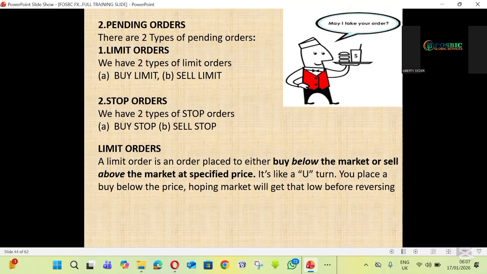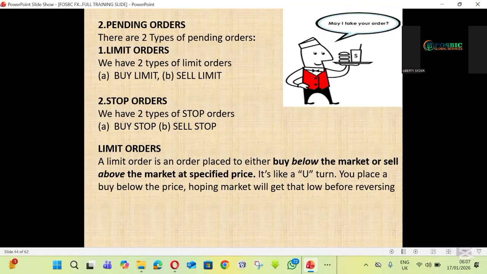Now, under limit orders, we have 2 types: buy limit and sell limit. And under stop orders, we have buy stop and sell stop. I hope this is clear. Let me repeat this. Under pending orders, we have limit orders and stop orders.